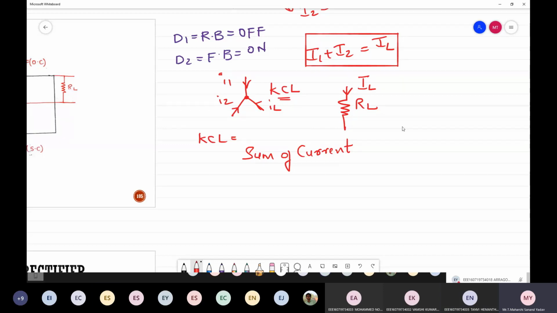So by using this graph, you tell me the answer. Entering is equal to leaving. Here, which one is entering? I1 is entering or leaving? This is the node. Entering. I2? Entering. IL? Entering. So I can write it as I1 plus I2 plus IL is equal to 0. Now for this one, you tell me.